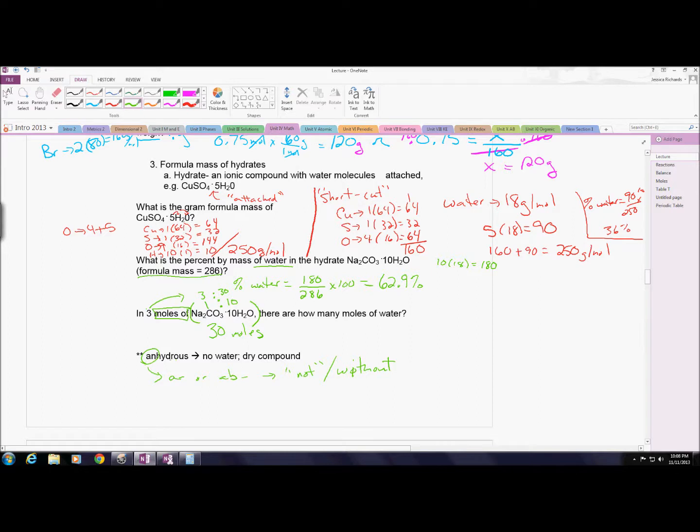It is without water. So if I have copper sulfate pentahydrate, that's my hydrate. If I have the anhydrous form of copper sulfate, that would just be the CuSO4 with no water attached. That would be its anhydrous form. So after you dry it out, it's now anhydrous.